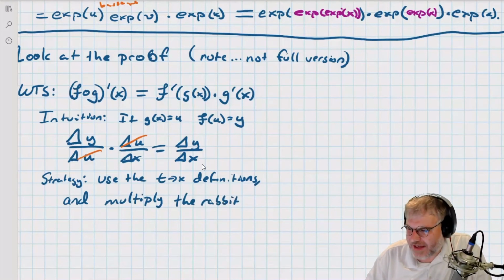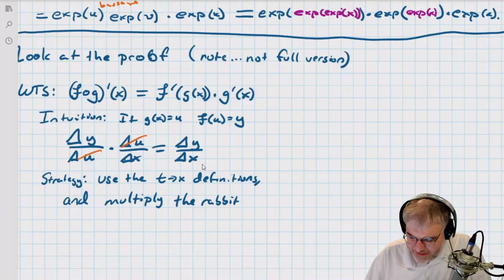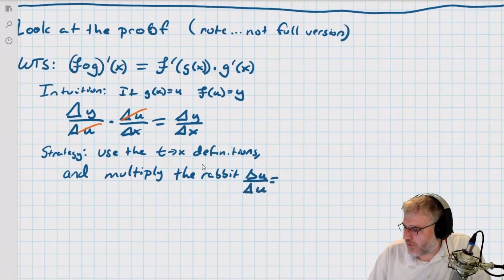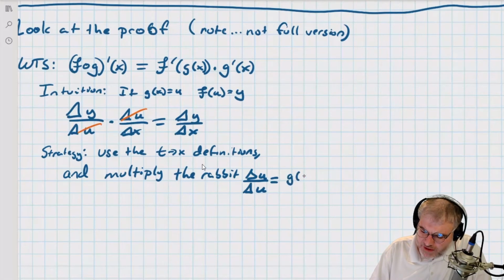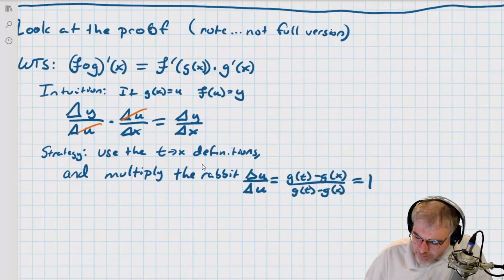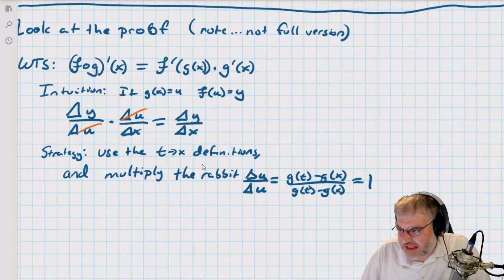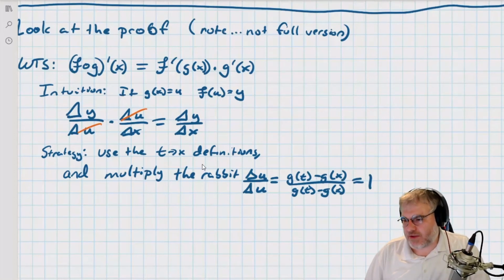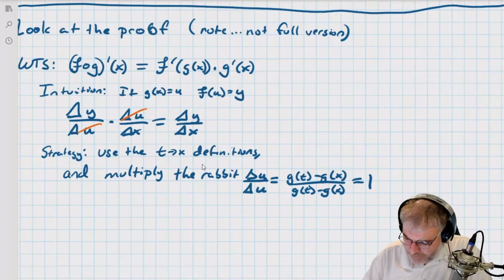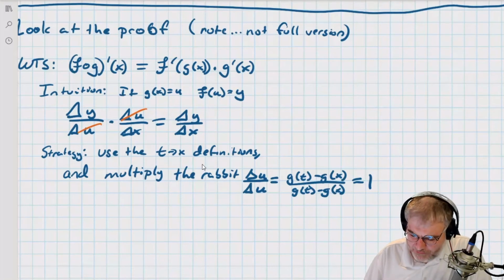The change in u over the change in u equals g of t minus g of x all over g of t minus g of x, which equals 1. So I'm going to multiply by 1. Instead of adding 0 like we did for the power and the quotient rule, I'm going to multiply by 1, not add 0.